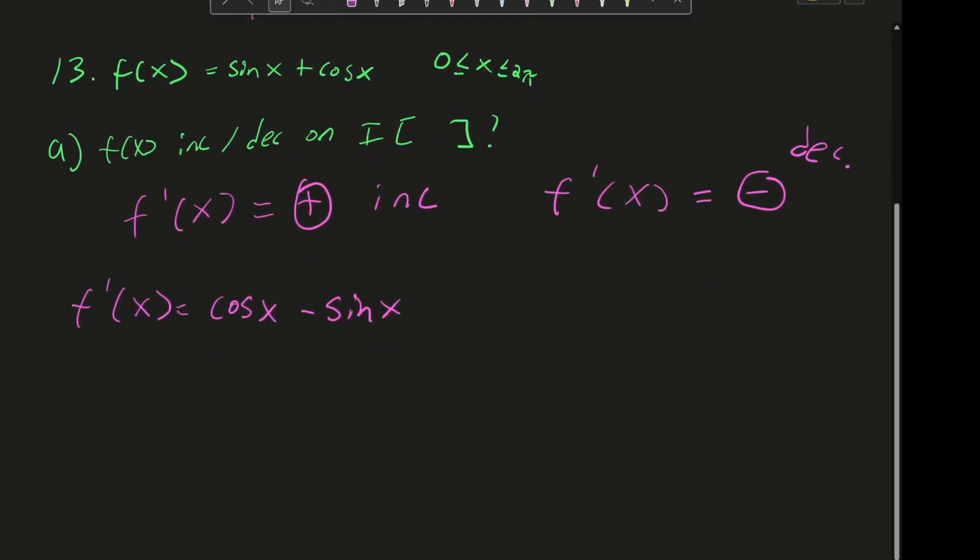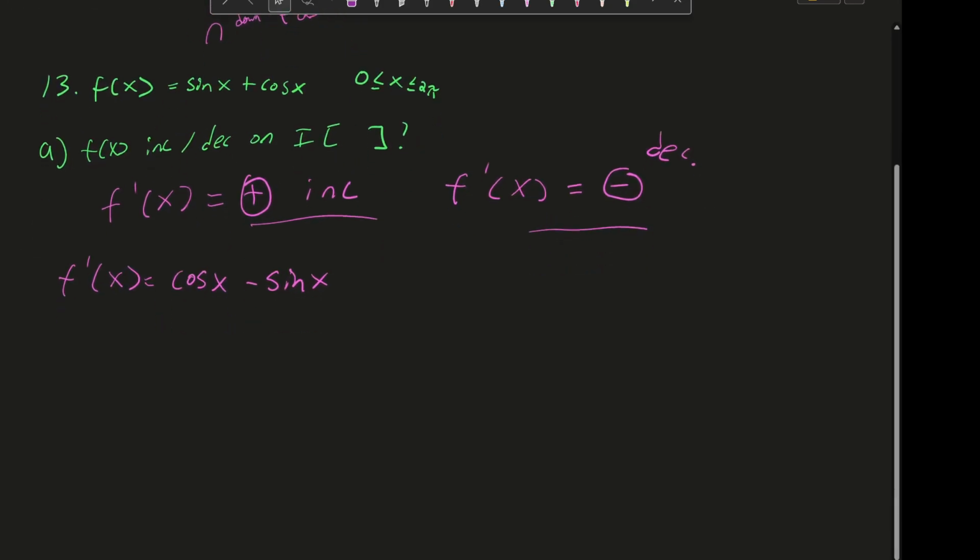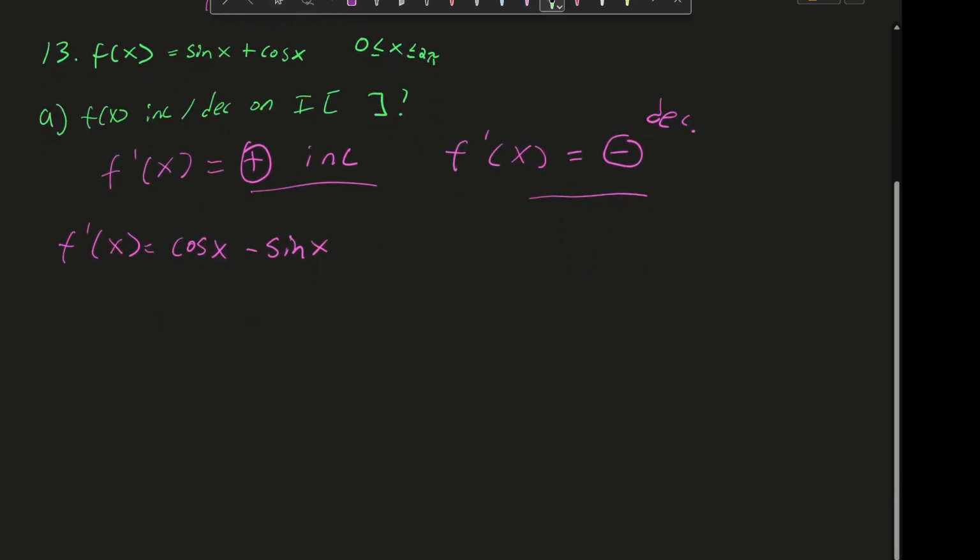And again, you're looking for when it is positive and when it is negative. So we are going to set it equal to 0 and solve. The first thing you could do is add that sine to both sides, so it's positive.